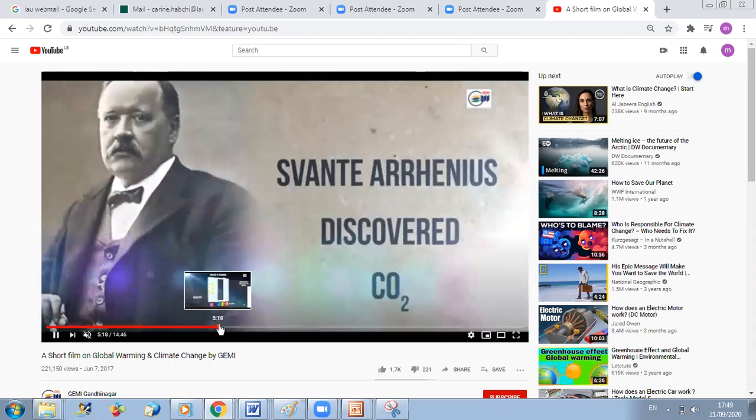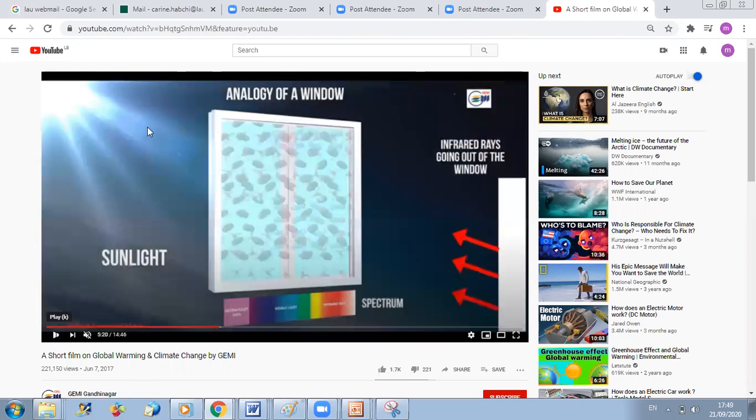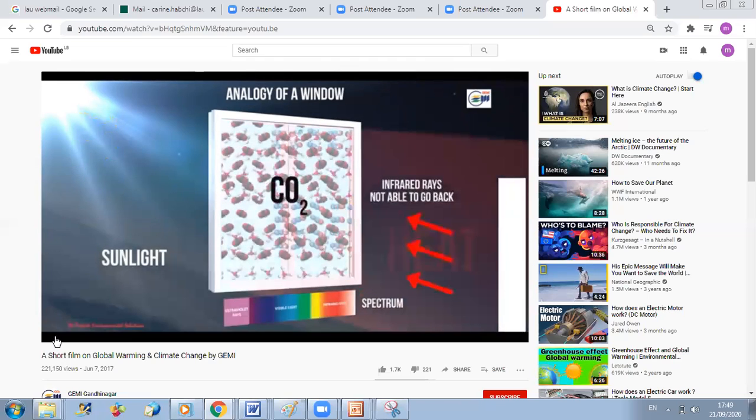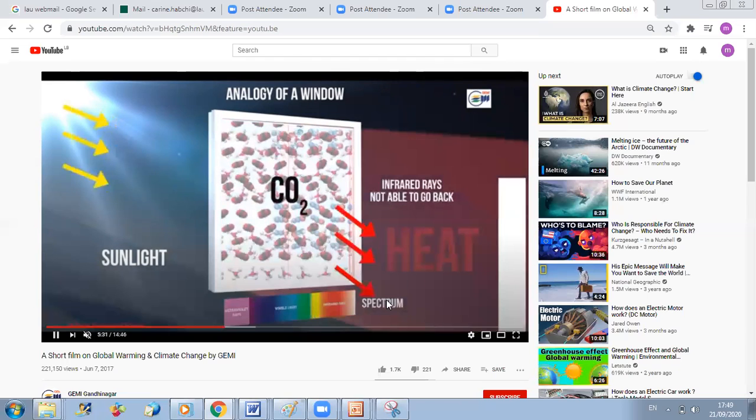Imagine that you have a window that will allow high energy waves. So first, ultraviolet waves with high energy will penetrate into the space. And inside this space, they will lose part of their energy, so they will be reflected as infrared rays. So if you have a blocking effect, for example, in your window, elements like CO2 that will trap infrared radiation, what will take place is that your inner space temperature will be much higher than you want. So this is the effect that we don't want to have.